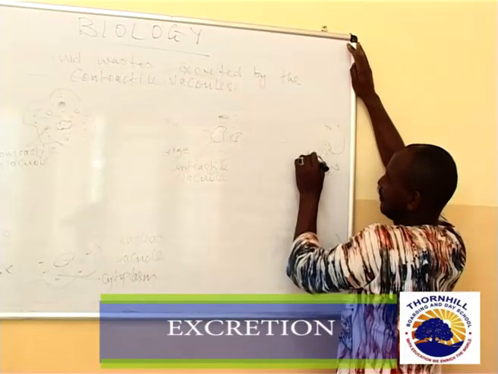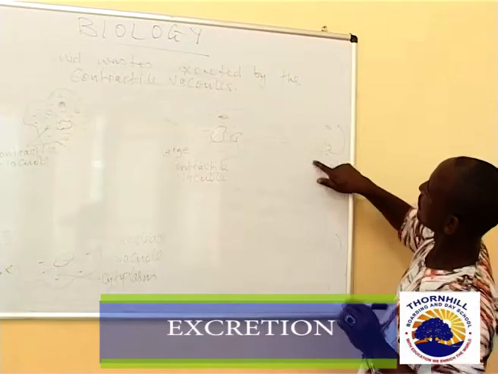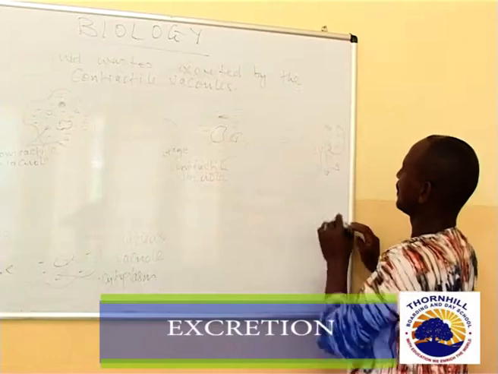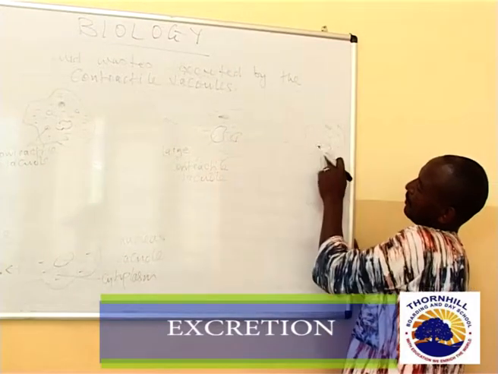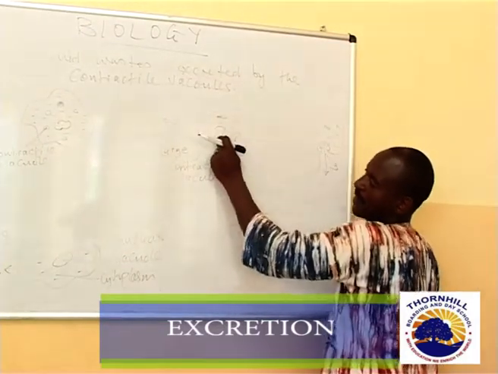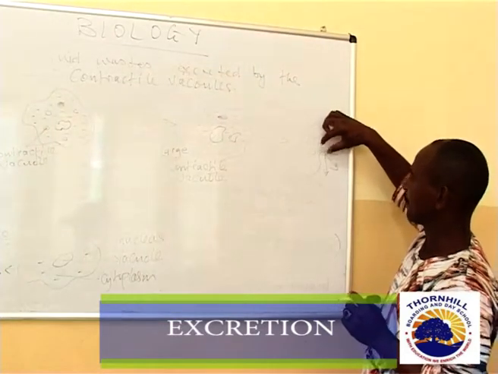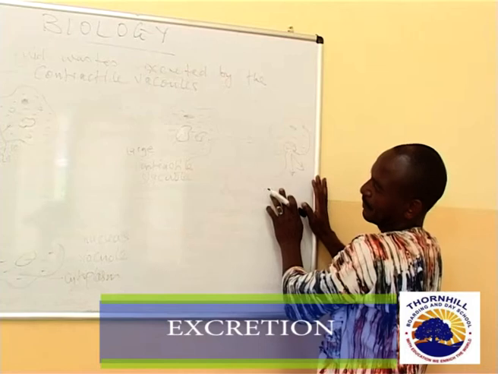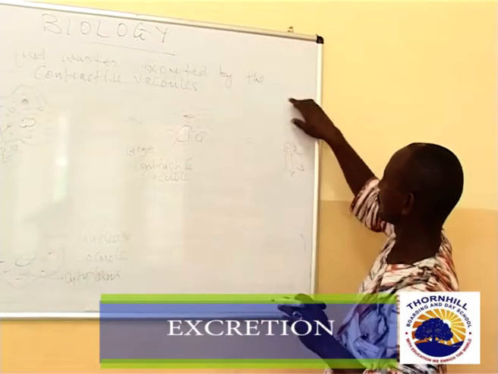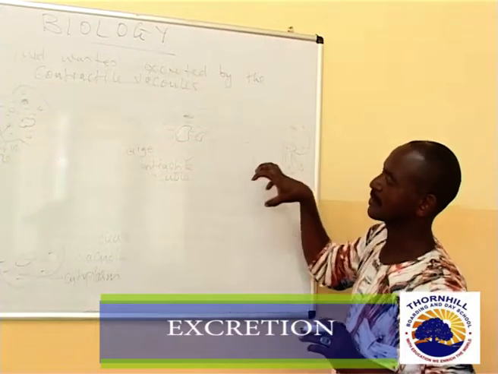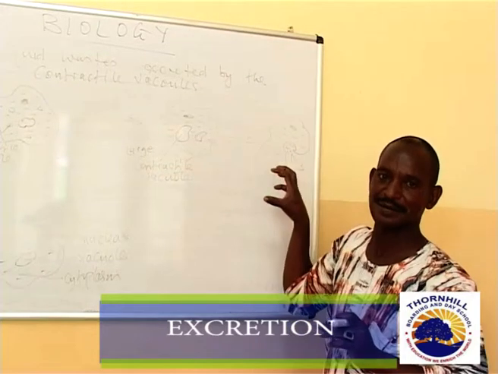Then the remaining vacuole stays there, and by emptying the large contractile vacuole, the collected wastes in liquid form are emptied out. In that way, the amoeba has carried out its excretion process.